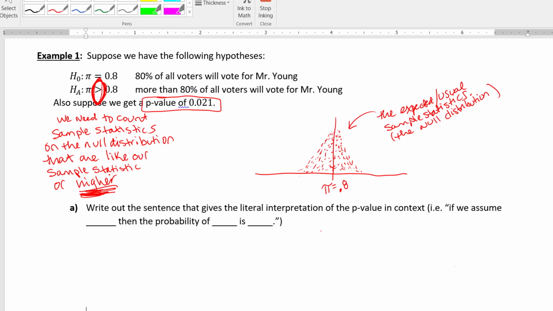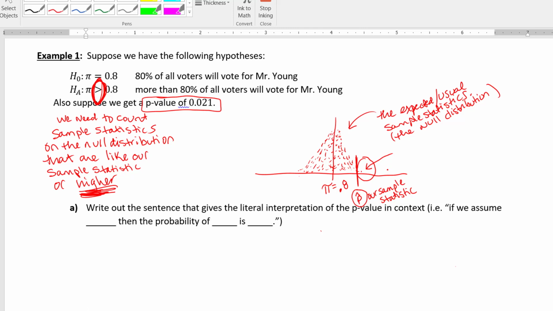Now, in this particular problem, I didn't give you the sample statistic. I didn't ask you to make a null distribution or anything. I'm just telling you the p-value, but I want you to be visualizing in your brain where that p-value came from. So it must be the case that our sample statistic p-hat is fairly far out here in the right tail, and the sample statistics in the null distribution that are like our sample statistic or higher are only 2.1% of the sample statistics.